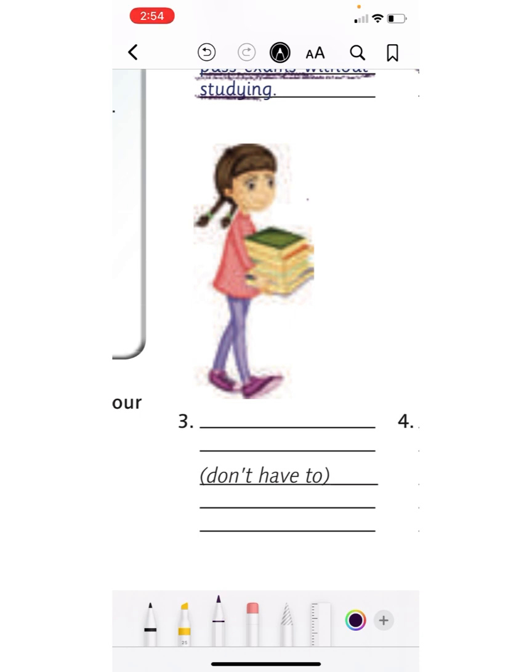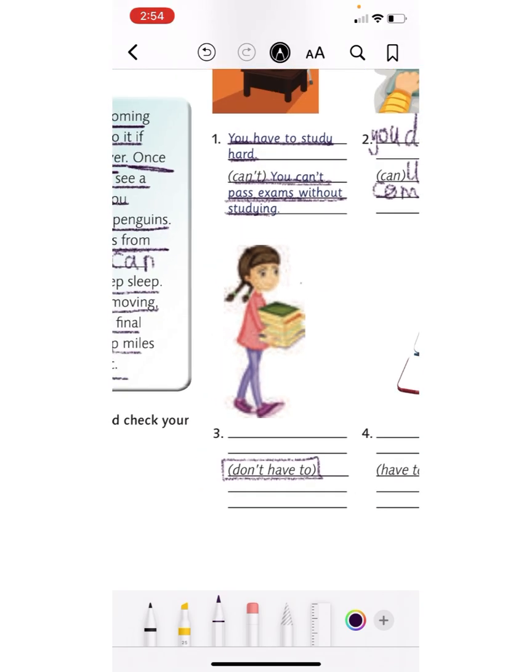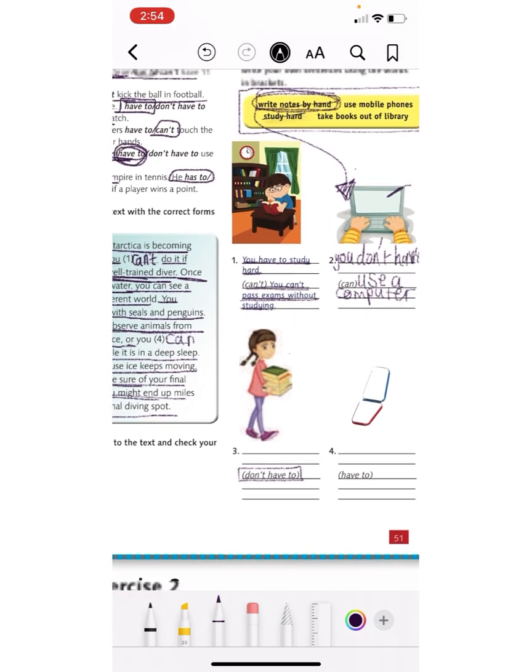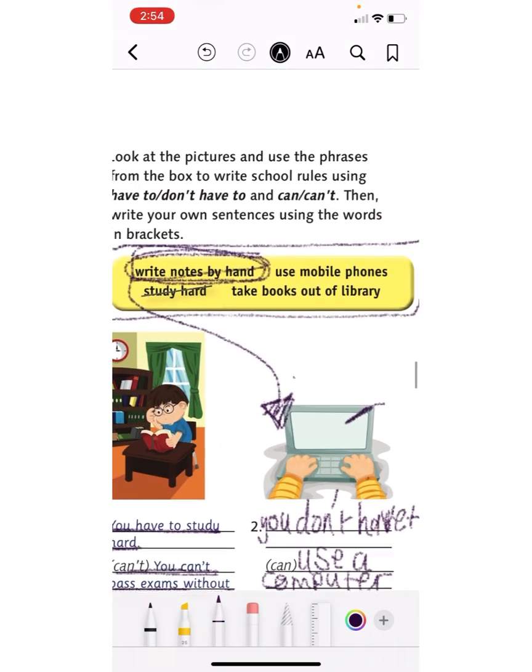Look at number 3. You see a girl, she's holding box, ماسكة box. بدنا نحكي لها you. طيب شايفين هون عنا don't have to. لا يجب عليكي. don't have to بتيجي مع إيش؟ مع can. إنه إشي اختياري. إنه شو بدنا نحكي لها؟ You can look at the box.